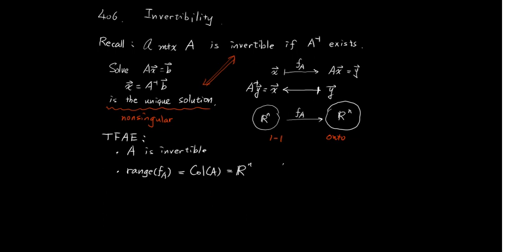So this means that f is surjective. And we also have the kernel of A is equal to 0, which means that this function f is injective.